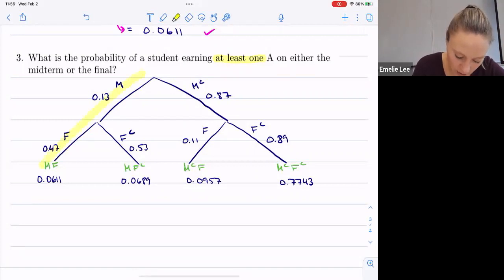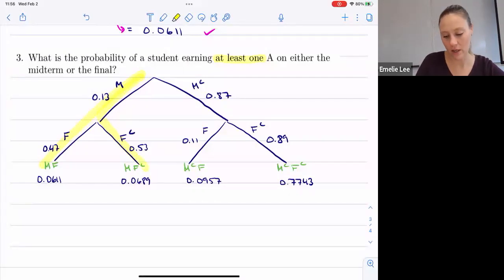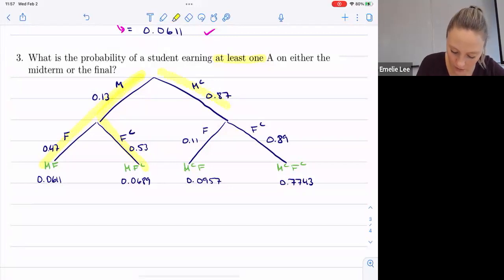So it's this branch or this branch, or if I didn't get an A on the midterm, in order to get at least one A, I have to get an A on the final to satisfy that criteria. And so here, or that.